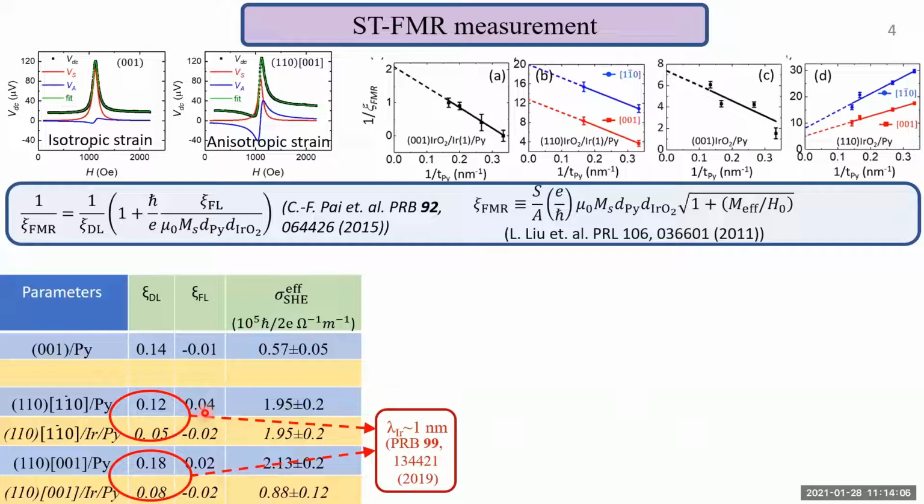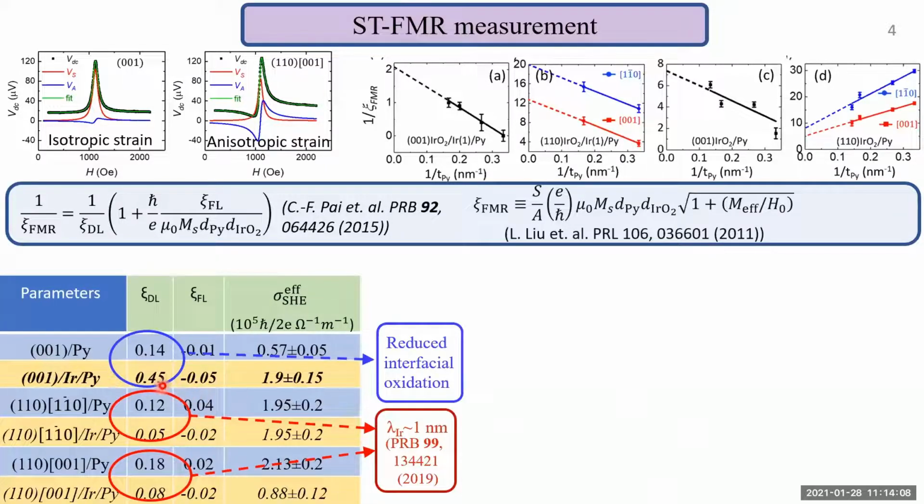But a very dramatic thing happens for the 001 plane. We expected it should go down, but it increases quite a bit, almost by a factor of 3, when the iridium spacer is inserted. This suggests that, as I argued previously, for the 001 plane the interface is bad when permalloy is directly deposited on it because of the interfacial oxidation.